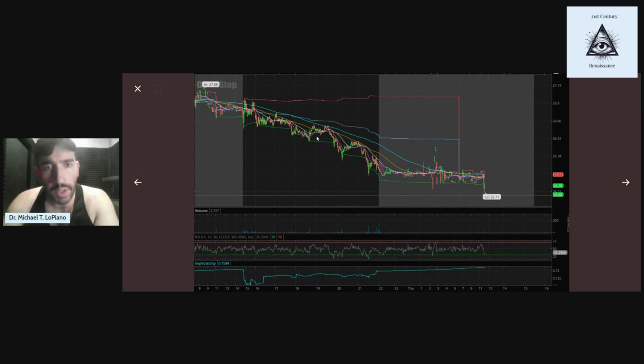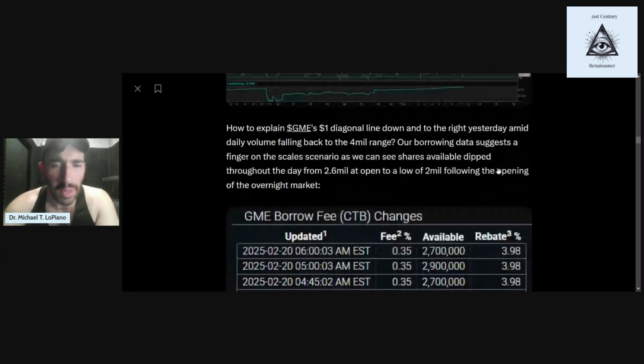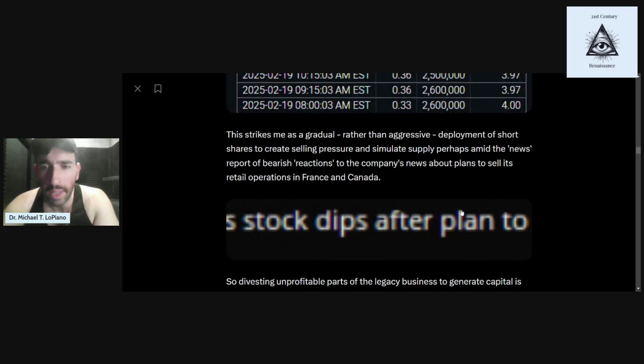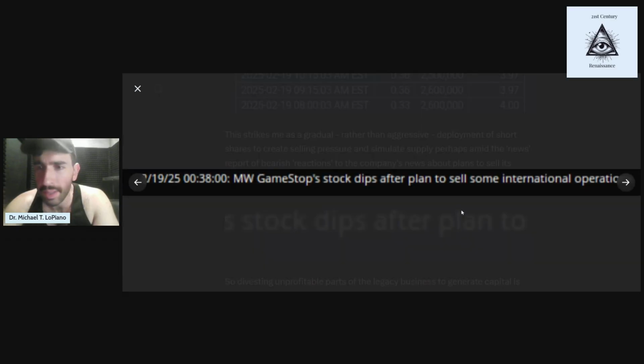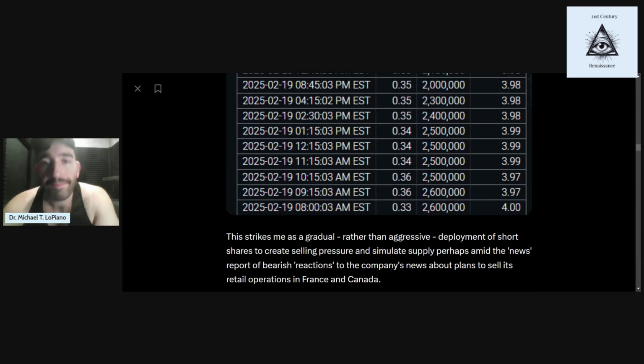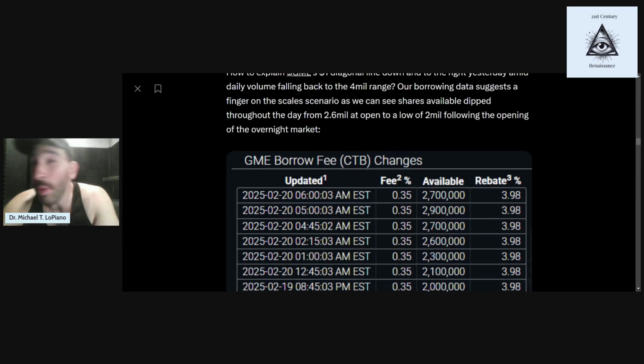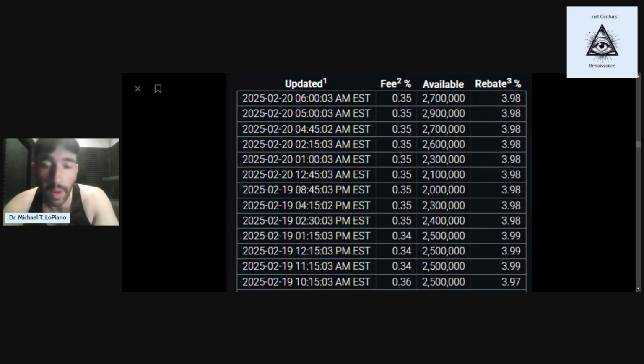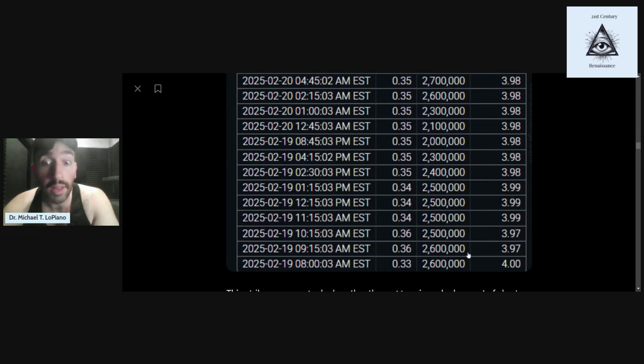But basically we just see this diagonal trend down, no particular news, although we did get, supposedly before pre-market, Market Watch saying that GameStop was dipping after the plan to sell their international operations. I don't know, maybe. What do I know? But I can see from the data that steadily throughout the day, GameStop was shorted.